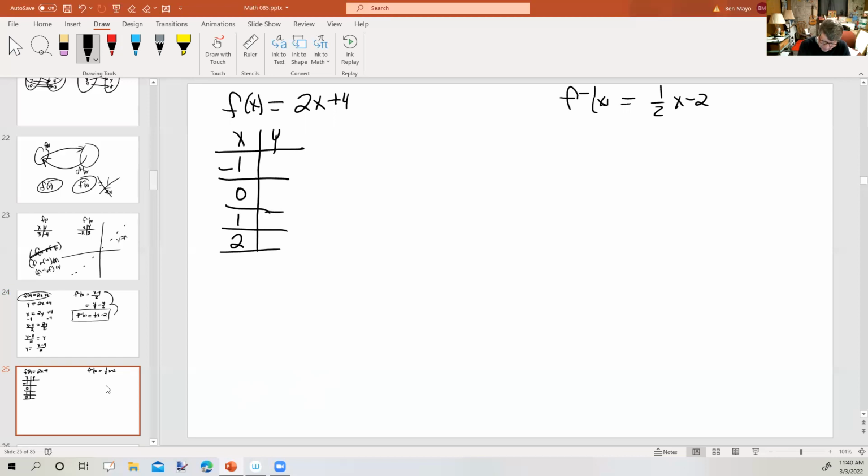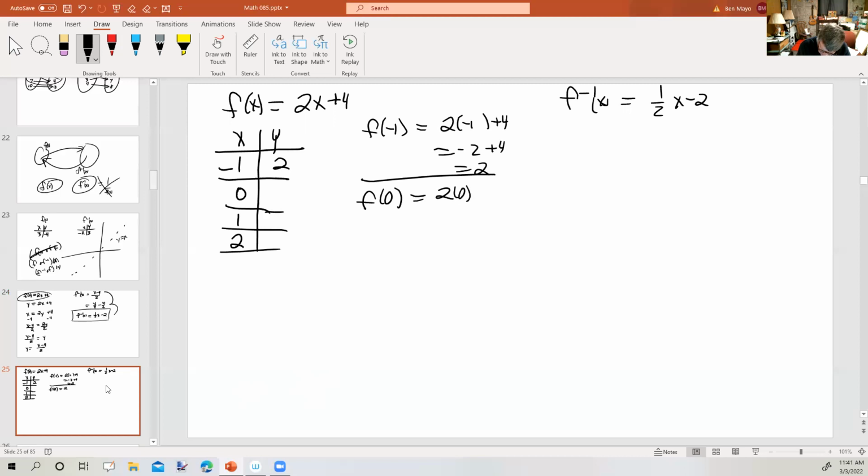Okay. If x is -1, f of -1 would be 2 times -1 plus 4, which is -2 plus 4, which is 2. If x is 0, f of 0 is 2 times 0 plus 4, which is 0 plus 4, which is 4.